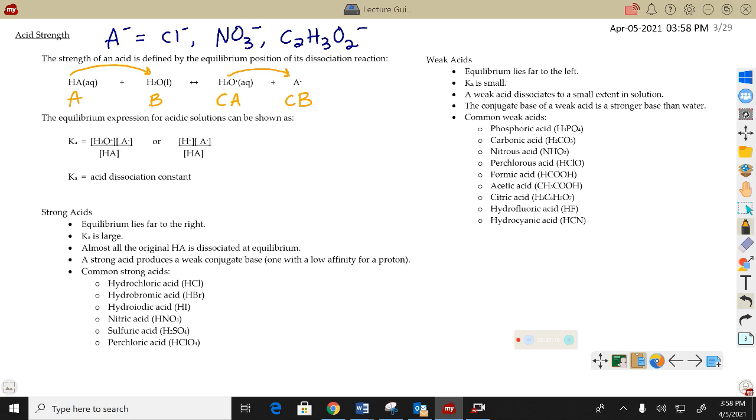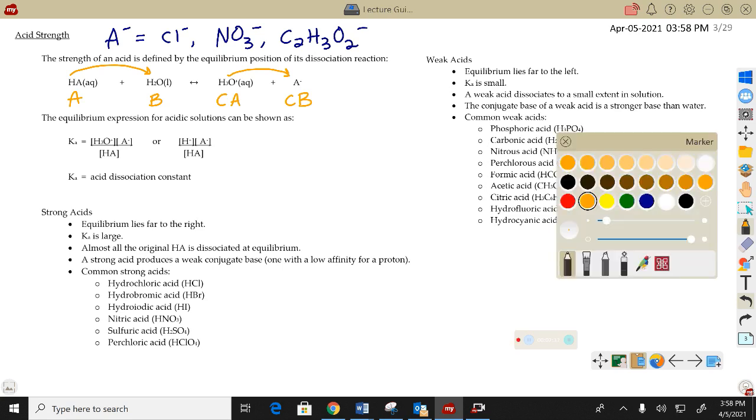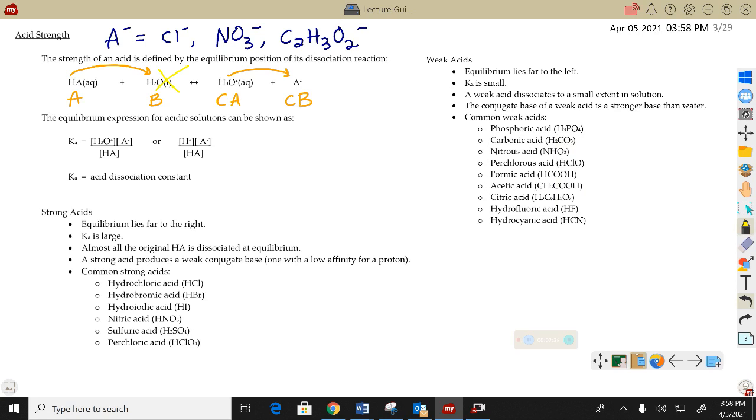Now, when we write equilibrium expressions, we write them as product over reactant. We raise them to the coefficients in the balanced equation. And remember that we don't use liquids.